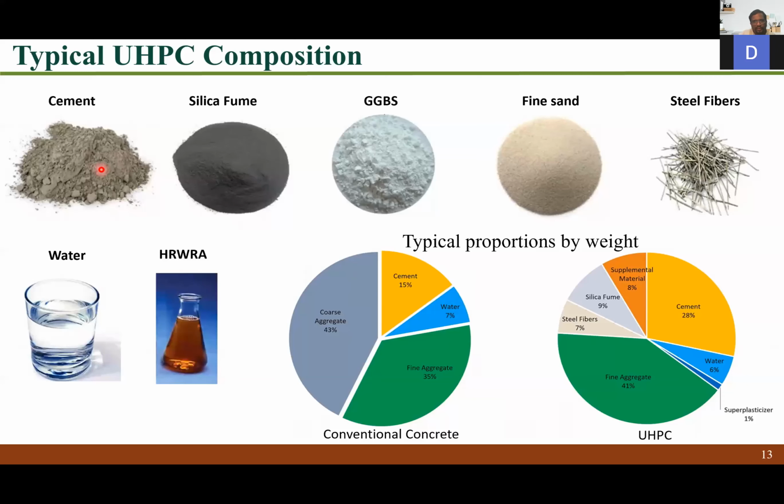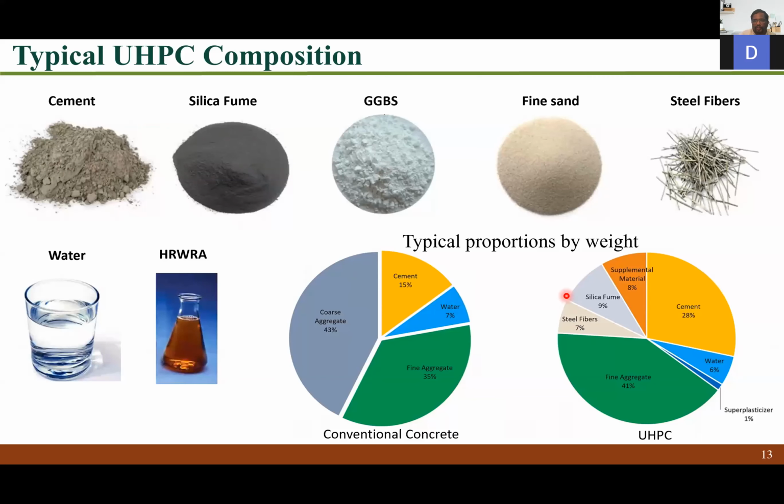Cement is always there, and I'm going to put more cement. In fact, we put cement in the order of 800 kilograms per cubic meter. In conventional concrete, we put cement anywhere ranging from 250 to 400 kilograms per cubic meter. We put a lot of cement because it's a very fine particle. We also have silica fume, and other supplementary cementitious materials like GGBS or sometimes very, very fine sand as well.